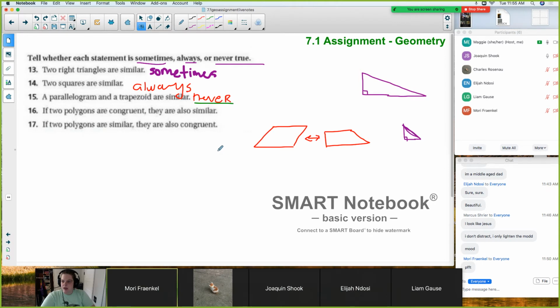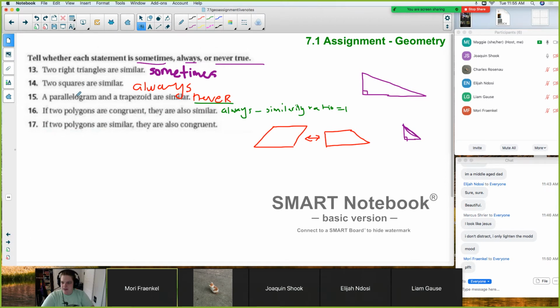But anyway, if two polygons are congruent, they are also similar. Two polygons are congruent, then they are similar. Yes, actually, it's just that their similarity ratio is 1. Kind of interesting to think about.